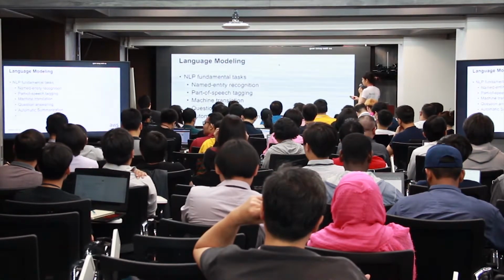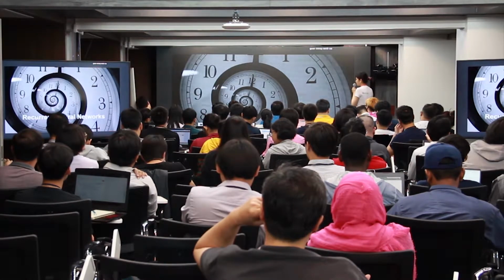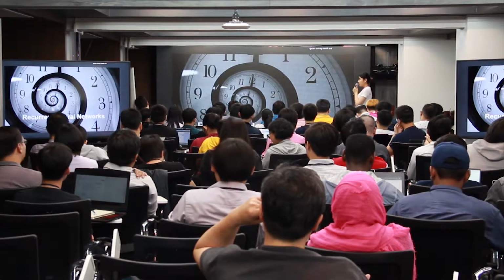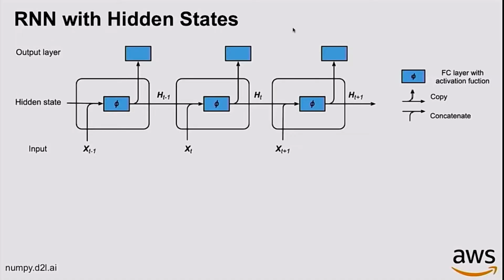So now let's deep dive into the models. Why do we call it a recurrent neural network? This is the basic structure of a recurrent neural network. You will see there's a small cell, like a neuron, with input coming in and output coming out, and there is a hidden state in these arrows that keeps transferring information from one cell to another. This is the basic architecture for a recurrent neural network.